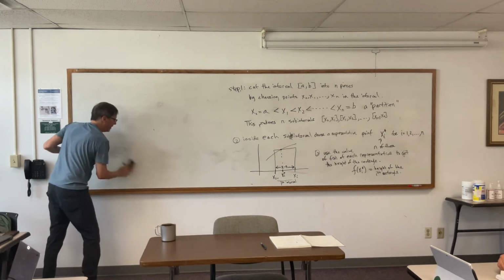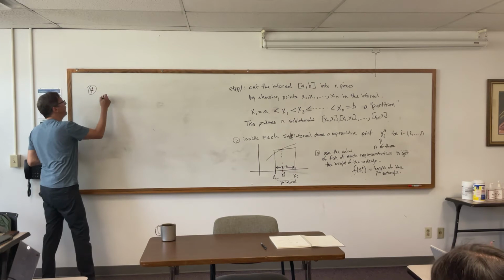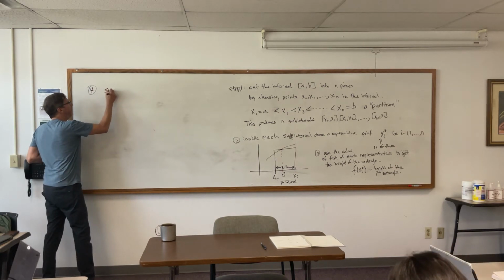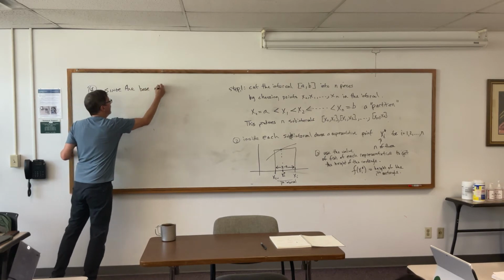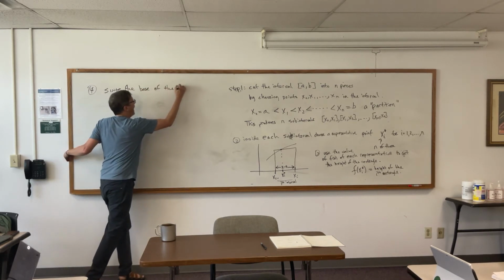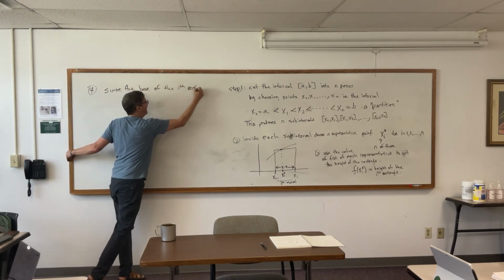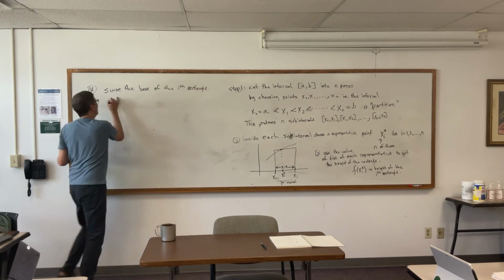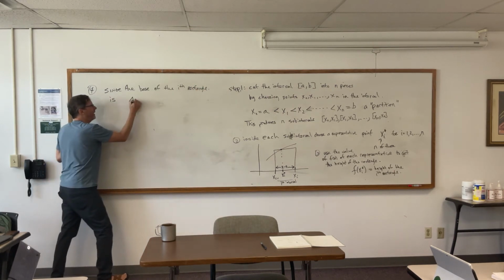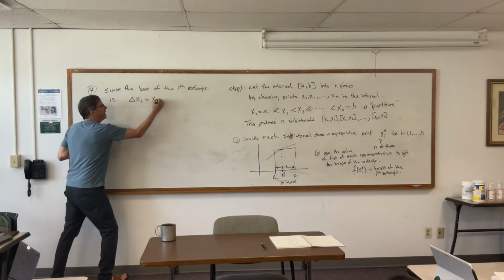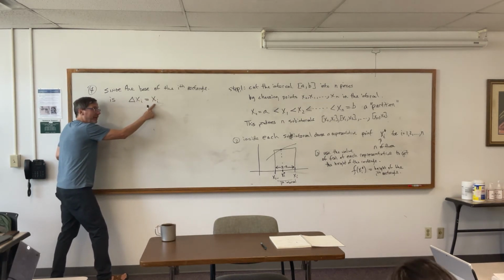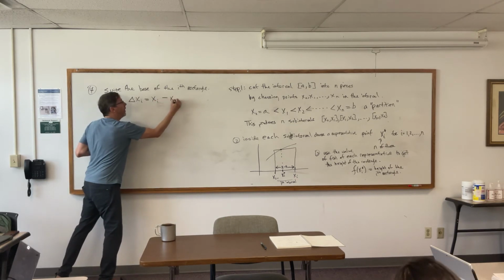Step 4 says, since the base of the ith rectangle is, now check this out, delta x, that's change in x, it's the ith point minus the one right before it.